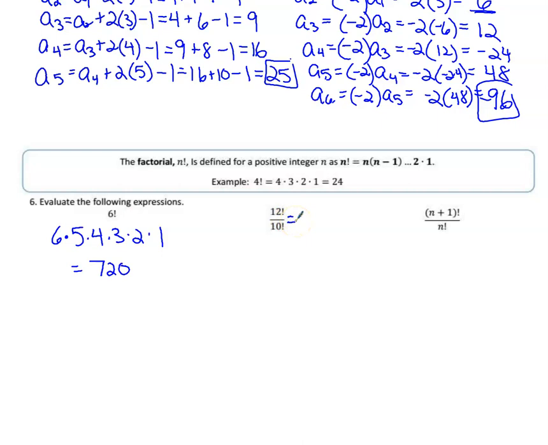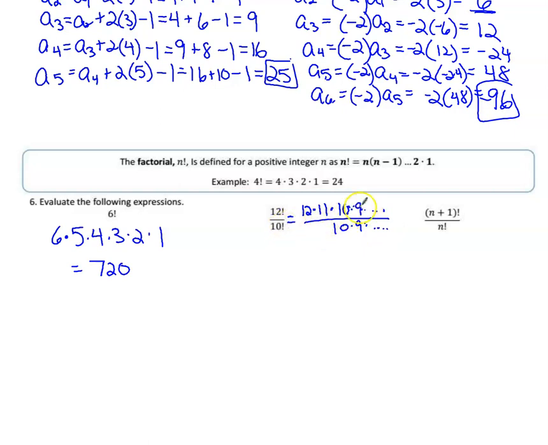If you see it written as a fraction, look at 12 factorial. It would be 12 times 11 times 10 times 9 times 8, and keep going down. Well, 10 factorial is 10 times 9 times 8 and all the way down. We could have just left that.